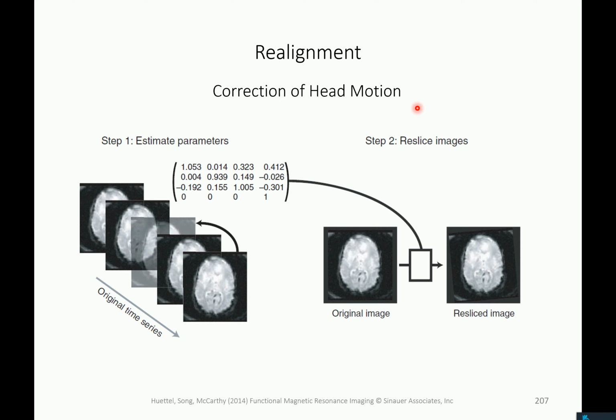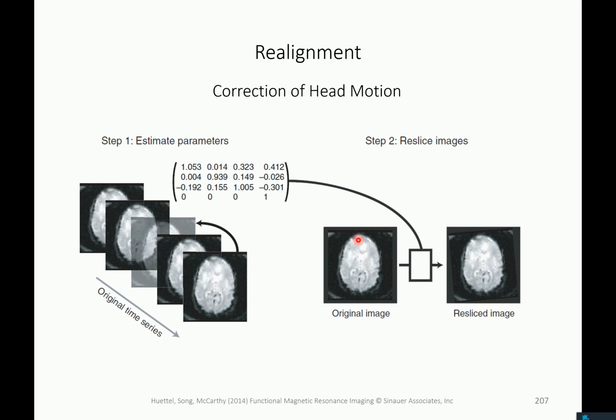This shows then basically the logic of how this is done. You have here the original time series in volumes, so these are not slices now, these are volumes. This is one slice of a given volume, and for each difference between 2 volumes, 6 parameters are estimated that relate to the translation and the rotation.